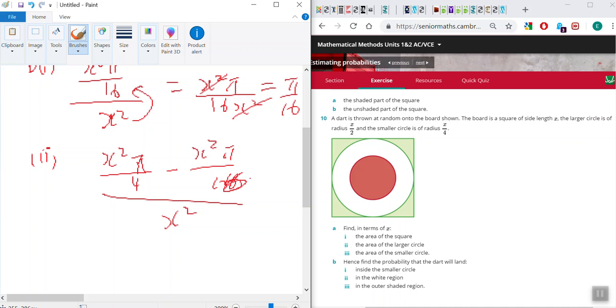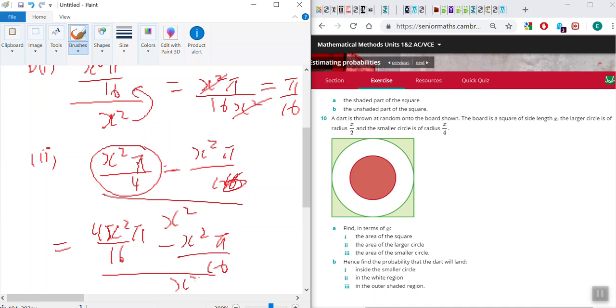Now, I've got to work this out, because I can't simplify until I simplify the top fraction, because we've got this over 16 and this over 4. So if I multiply the top and bottom here by 4, this will be over 16. So it'll be 4 x squared pi minus x squared pi over 16, over x squared.